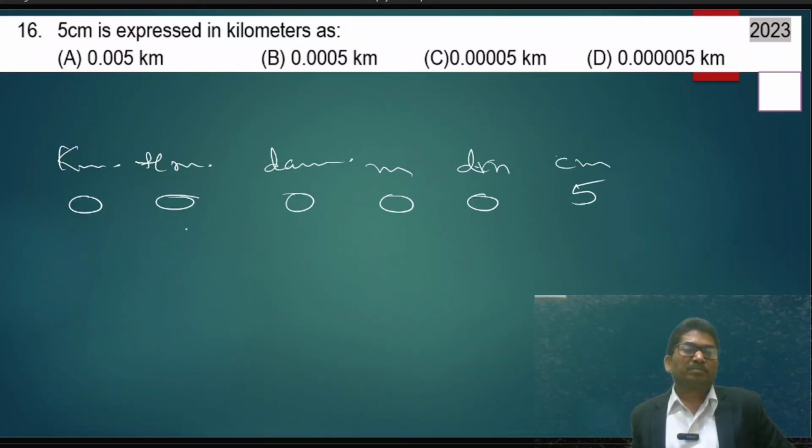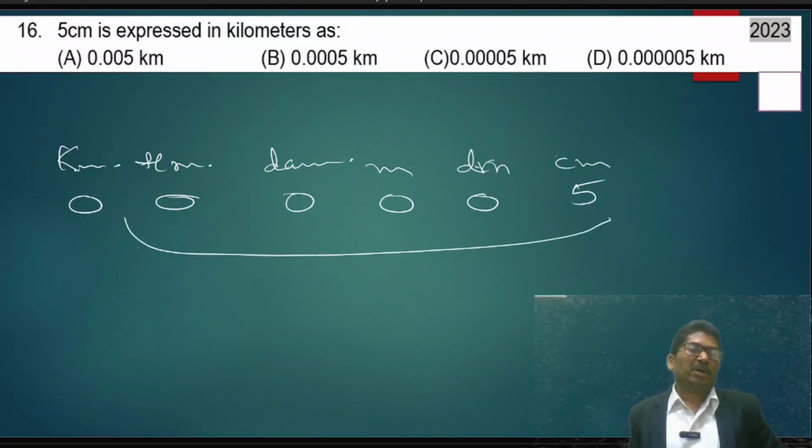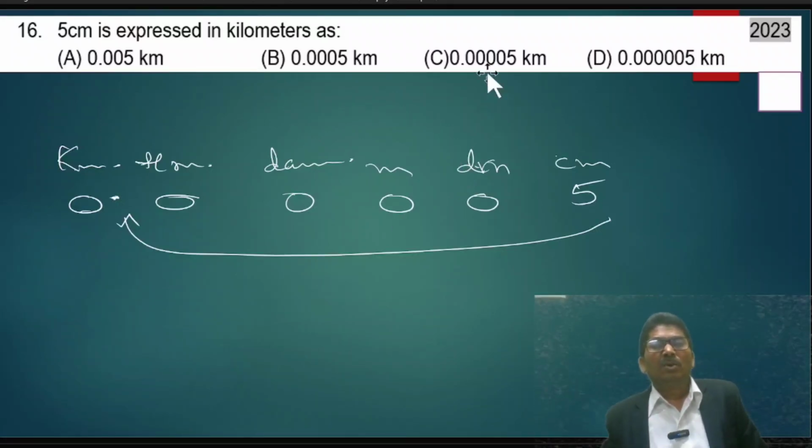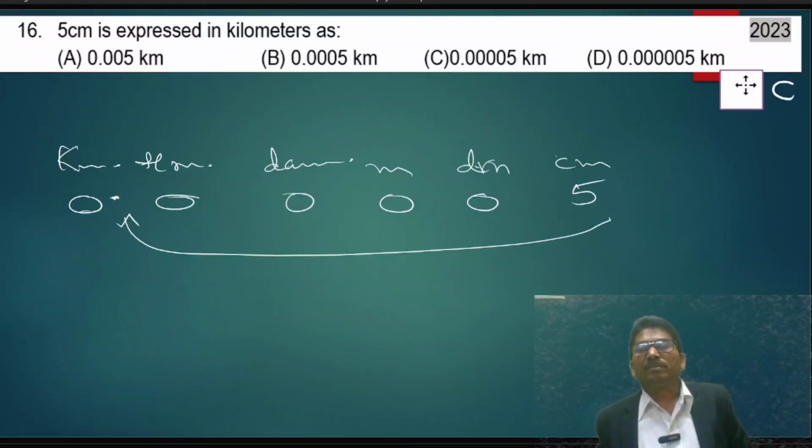So we have to convert this into kilometer, a bigger unit. Keep this kilometer in the whole number part: 0.00005. So C is the correct option.